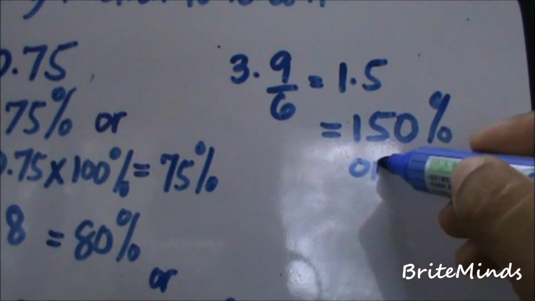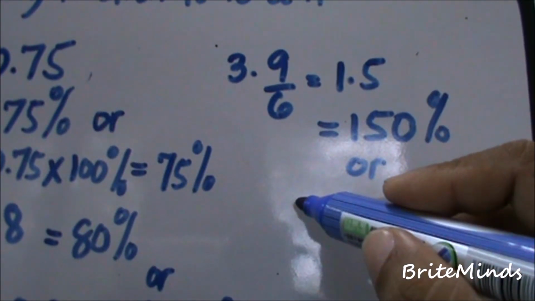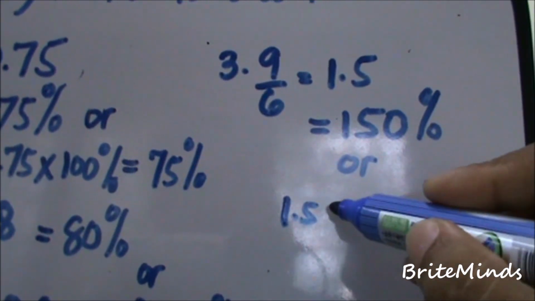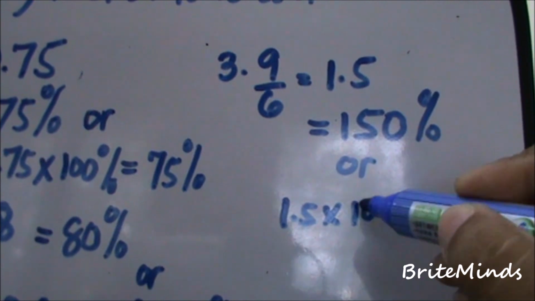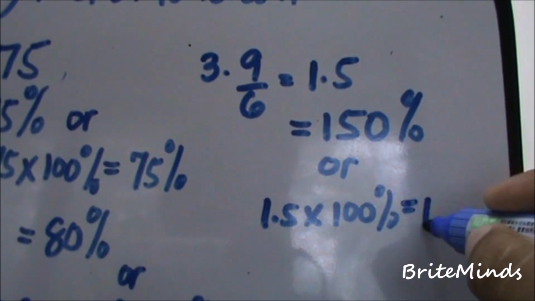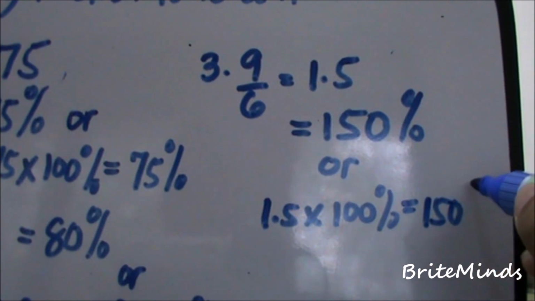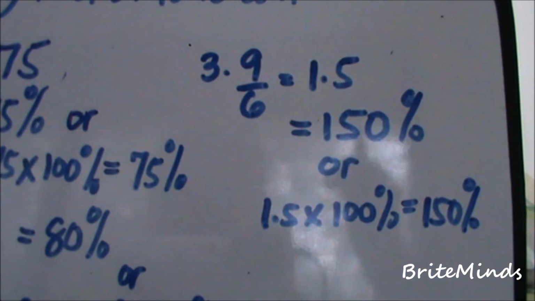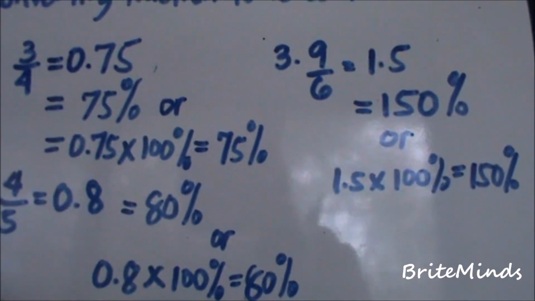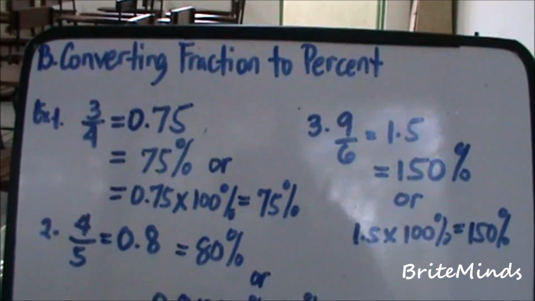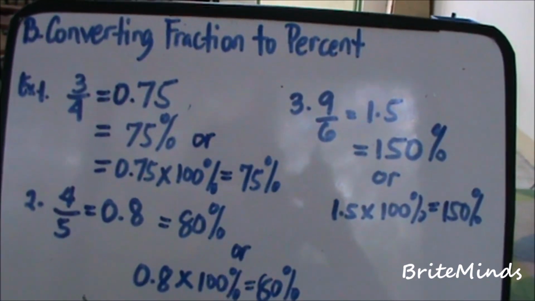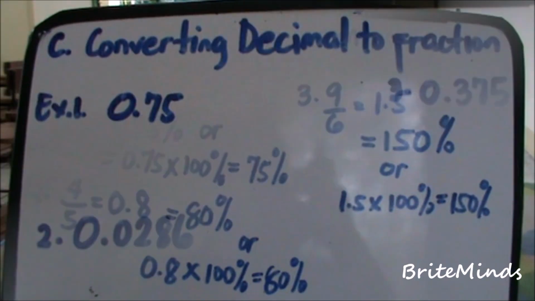Or simply you can do 1.5 multiplied by 100%, so it will become 150%. Okay, so this is how to convert fraction to percent.